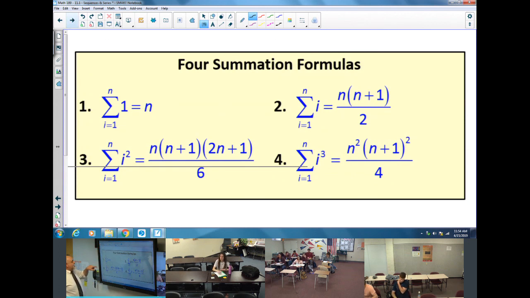Okay, so now these are 4 summation formulas that they have in the book, and I want you to know that they're there. But really, the only one we're going to talk about in length is number 2.